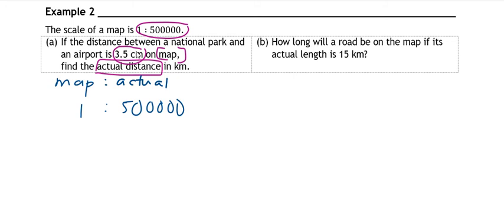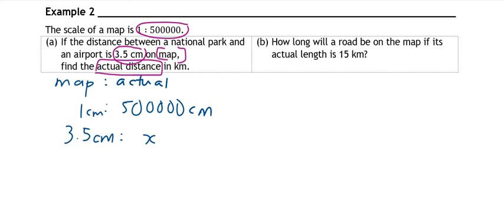Here you have 3.5 centimeter on map, so you put 3.5 centimeter. So since you select centimeter as unit, so your scale will use centimeter unit, right? So here you are looking for the actual distance, so you don't know the actual distance. So let's label it x.